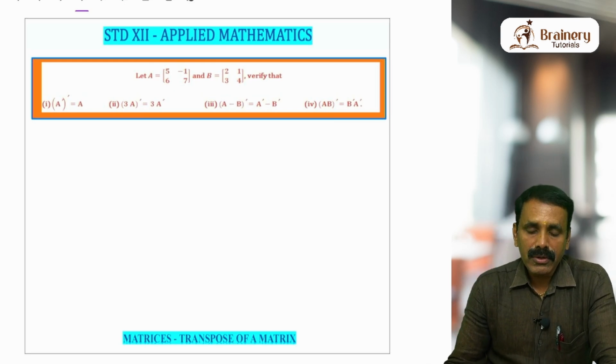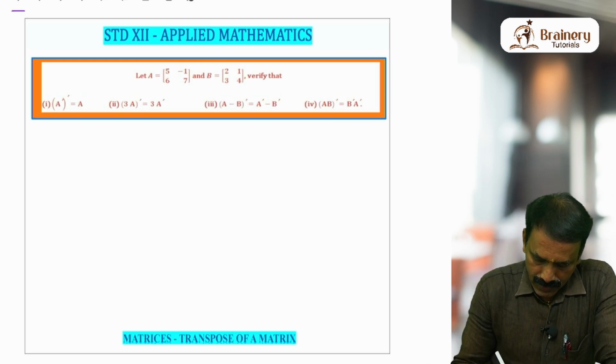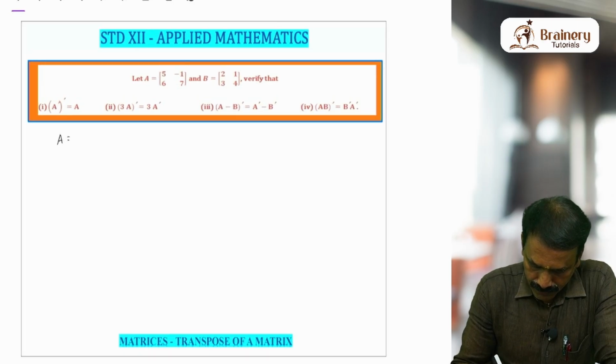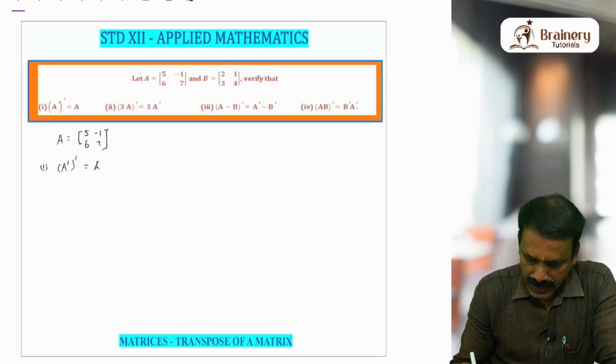So first we try to solve the first one. A is equal to 5 minus 1, 6, 7. We are going to verify A transpose, whole transpose is equal to A itself.